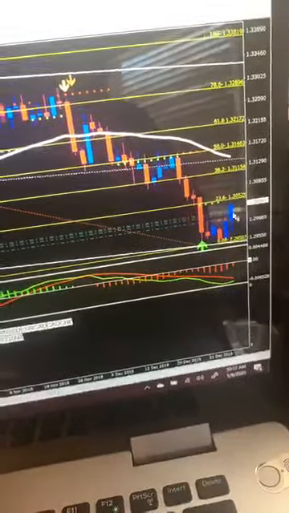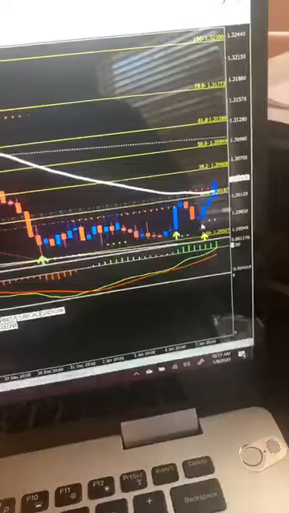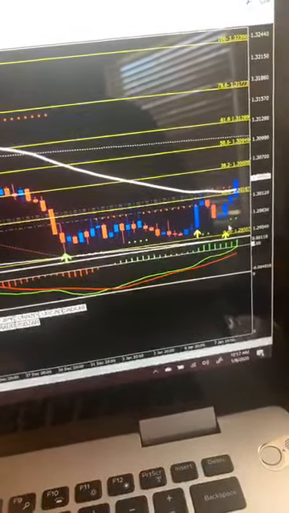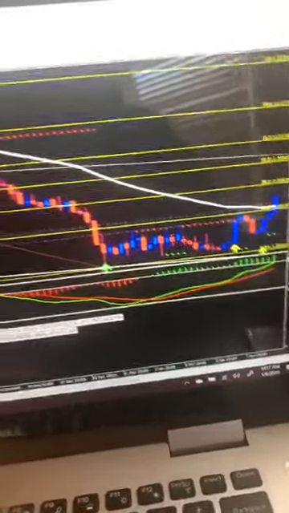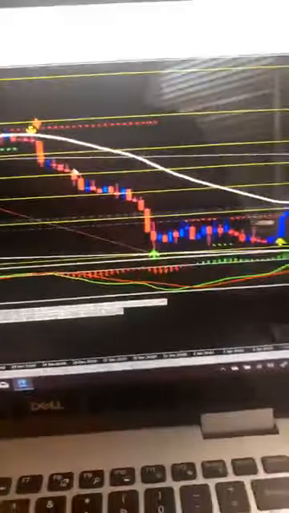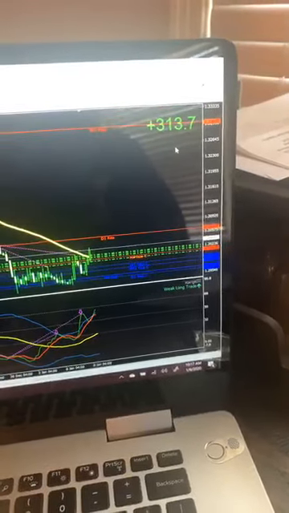I said, yep, that's confirmation. And then I went down to the 4-hour, where I usually enter the trade. I saw triple arrows, and I said, yep, that's triple confirmation for me to get in the trade. And that is why you see over 300 pips in profit.